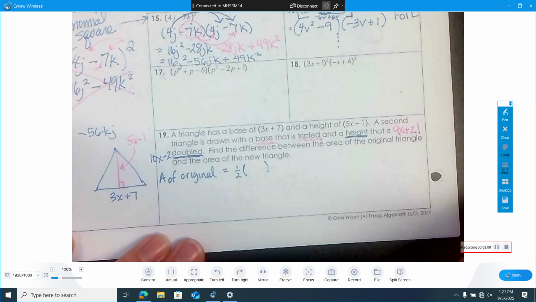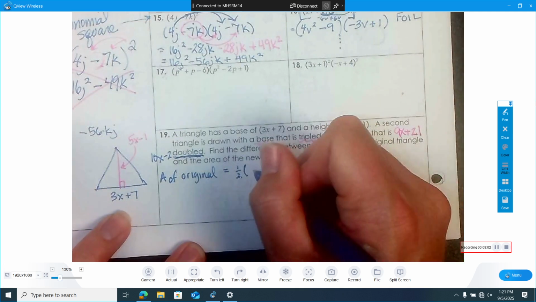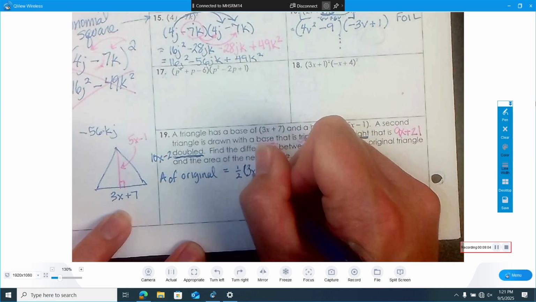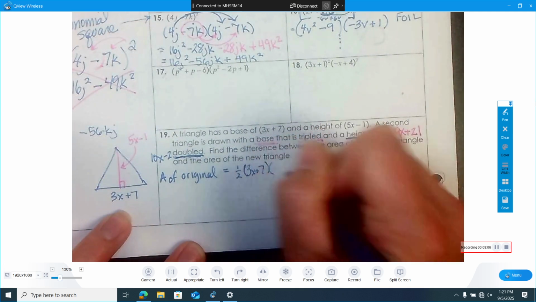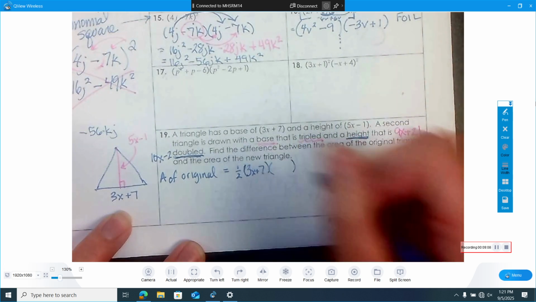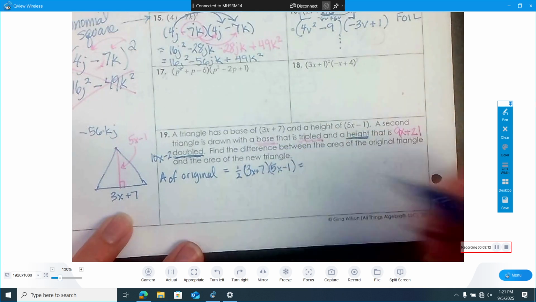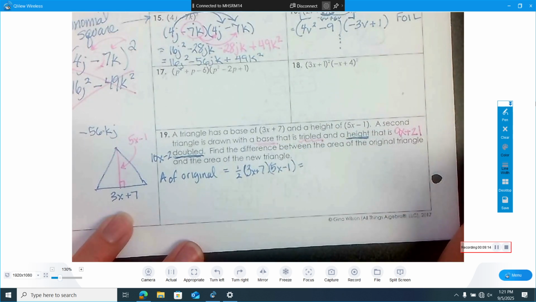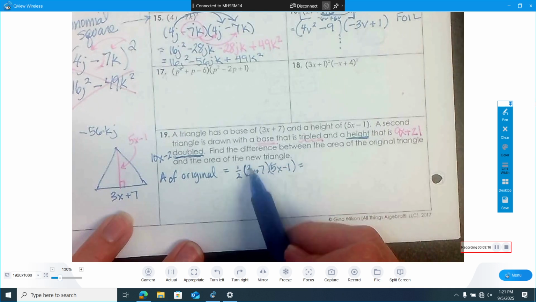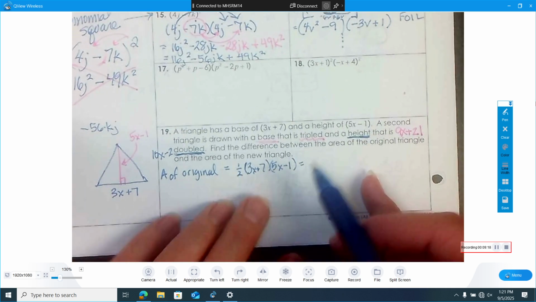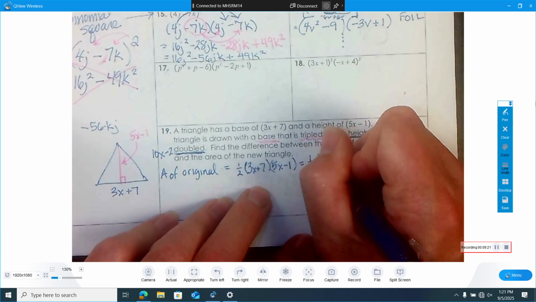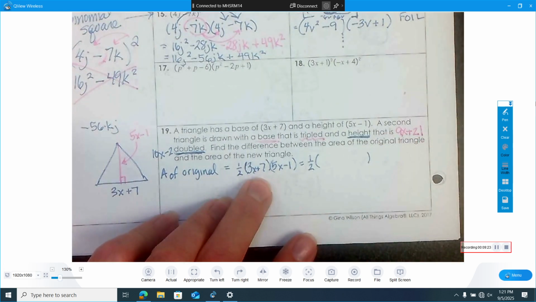And what's our base? 3x plus 7. And what's our height? 5x minus 1. Good. Okay. All right. I'm going to go ahead and multiply these together. I'm going to leave the 1/2 out in front for a moment here.